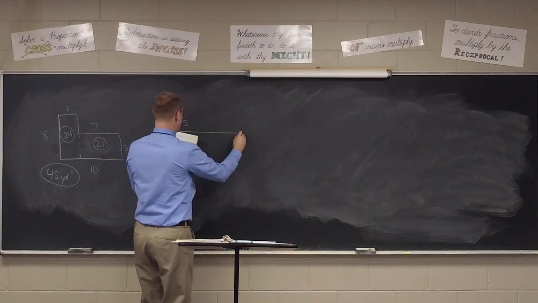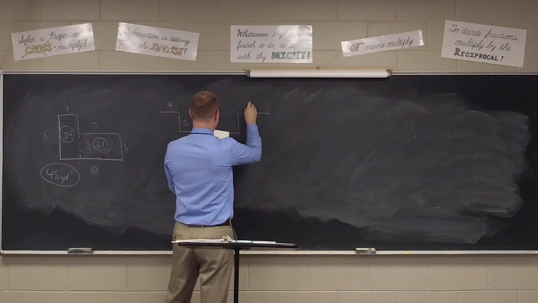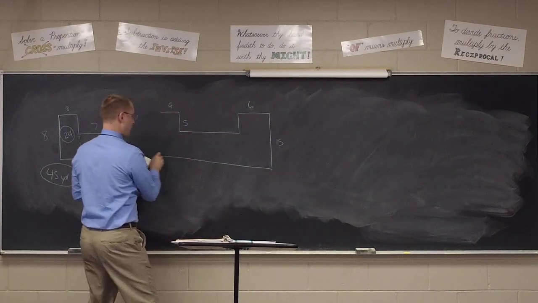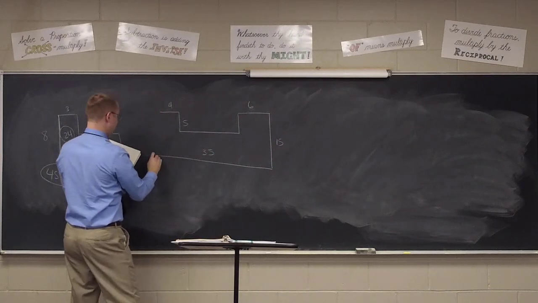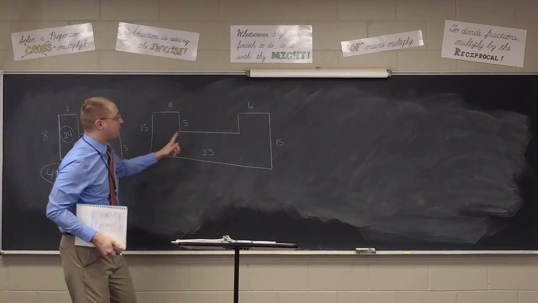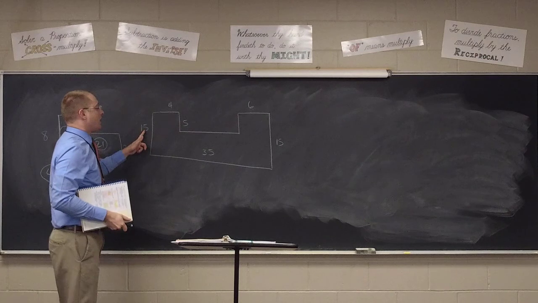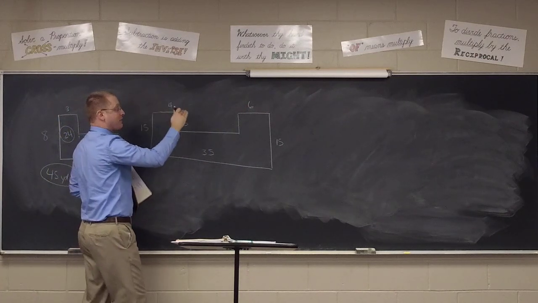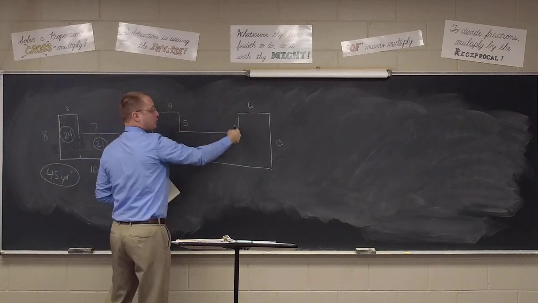where we had a 4 and a 5, and a long something, and a 6, and a 15, and a 35, and another 15. Well, if these are both 15s, then these heights match perfectly, correct? And if that's so, then this height also must match this height.